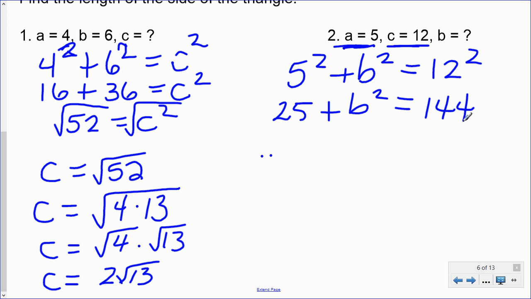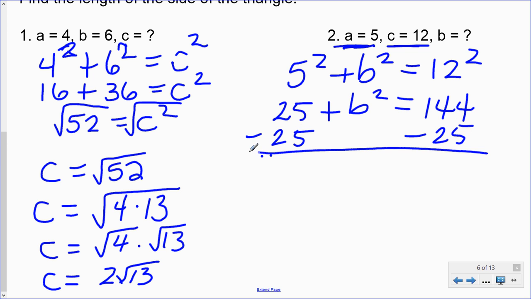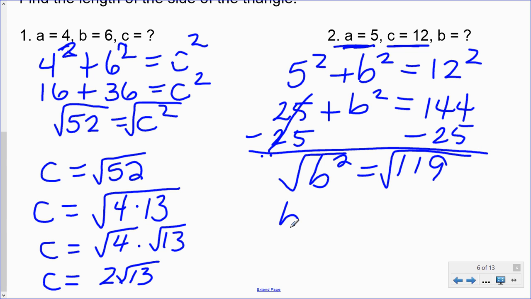So this time, since we're solving for B, we would actually want to subtract 25 on each side. All right, so we would end up with 119. And then we would square root each side. And again, we would be taking the positive root.